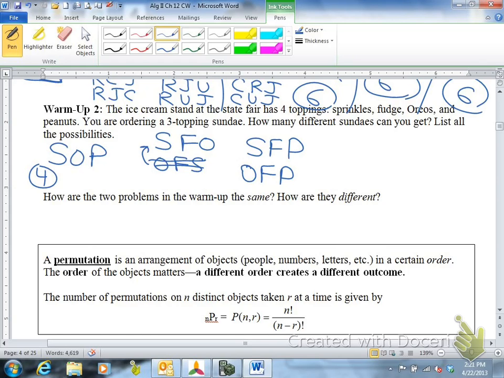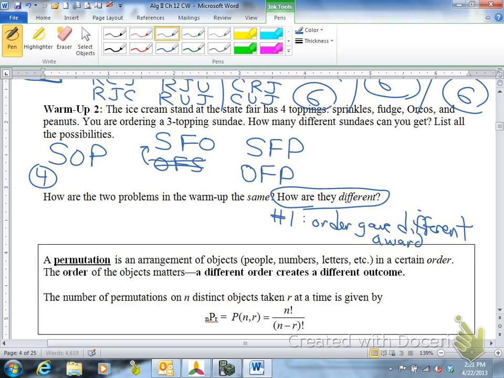So between these 2 problems, how are they different? Well, in the first problem, the order gave different arrangements, gave different awards in the context.